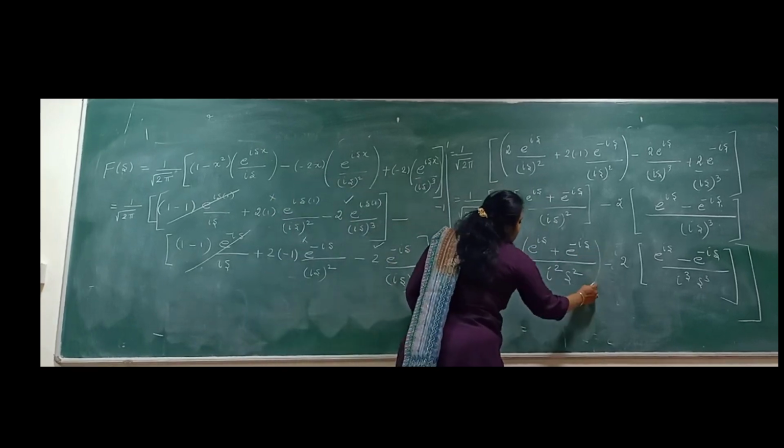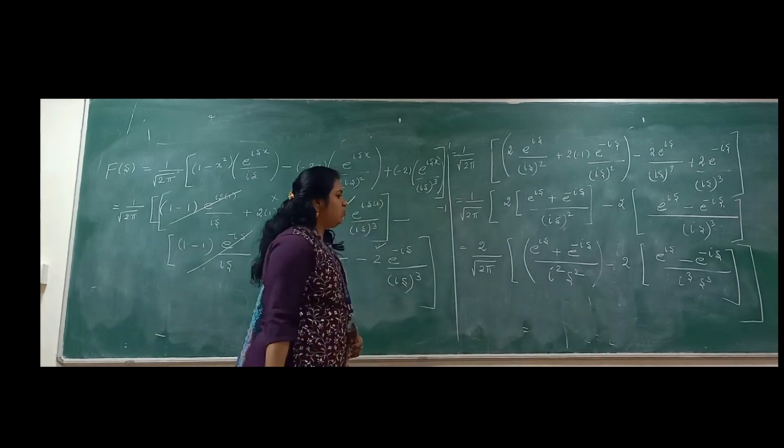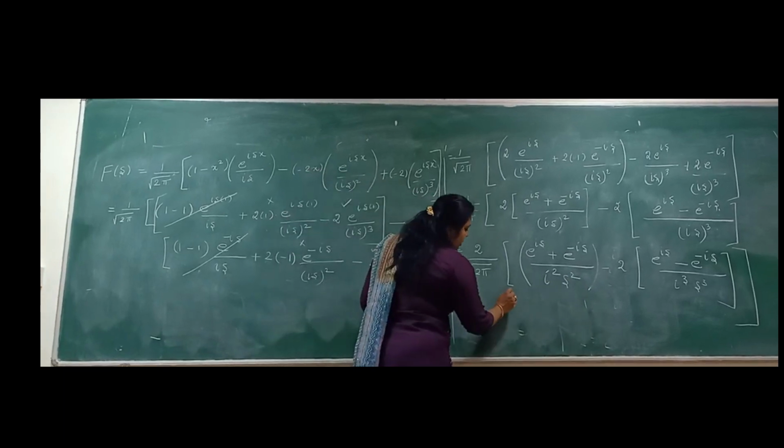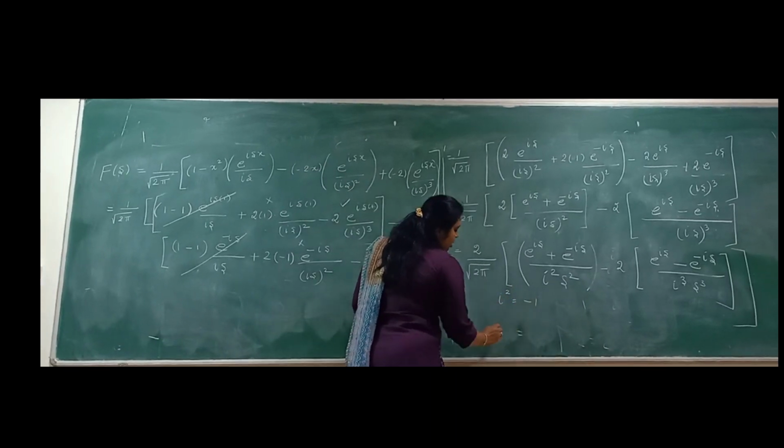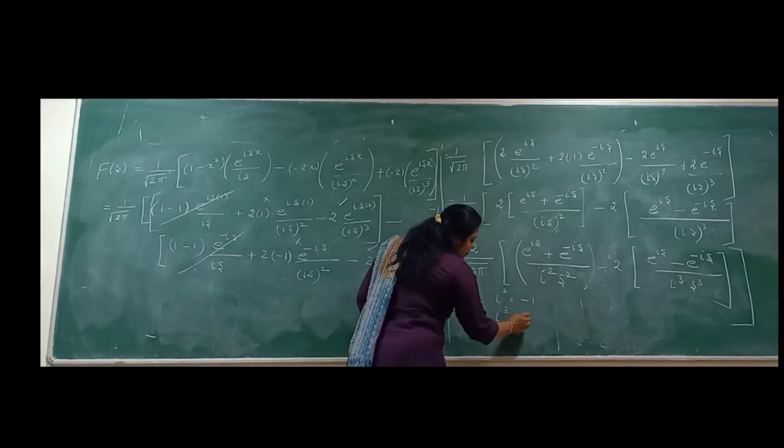So i square term is minus 1, i square term is minus 1 and i cube term is minus i.